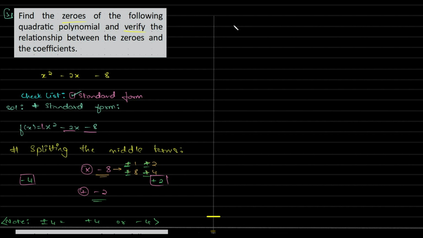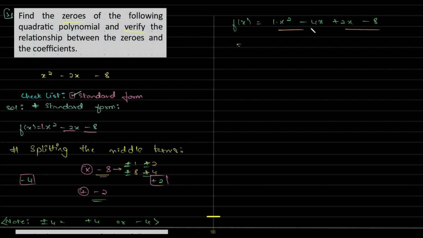Once you have done this, what's next? f of x is equal to 1x squared minus 4x plus 2x minus 8. We just copy the numbers as coefficients of x and write them over here. Then we take common between the first two terms and the last two terms.